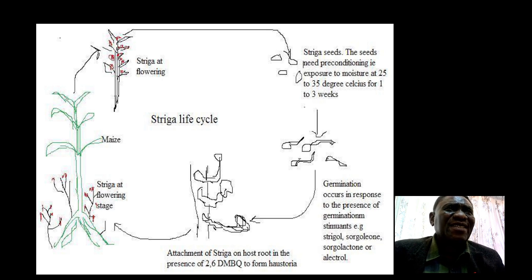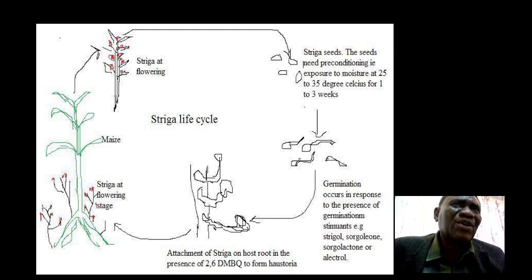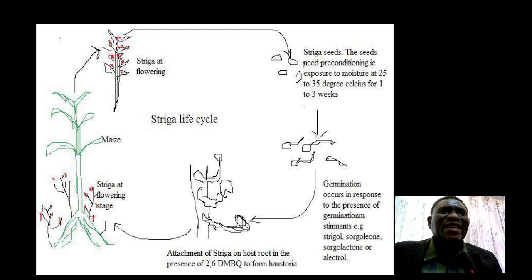One of the host initiation factors which was clearly identified is known as 2,6-DMBQ, which allows the attachment to take place, to form what is known as the haustoria. That is the connecting tissue between the parasite and its host.